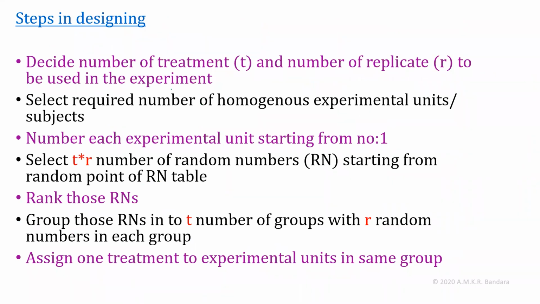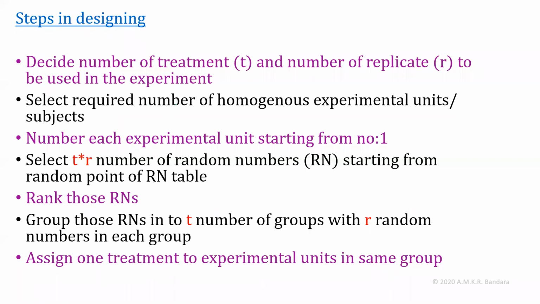As I explained, first what you have to do is decide the number of treatments and number of replicates to be used in the experiment. Then select the required number of homogeneous experimental units or subjects. Earlier, we needed 6 experimental units to apply 3 treatments with 2 replicates.